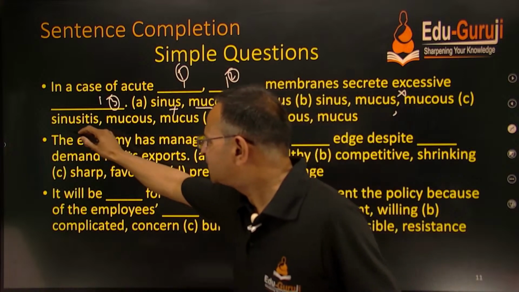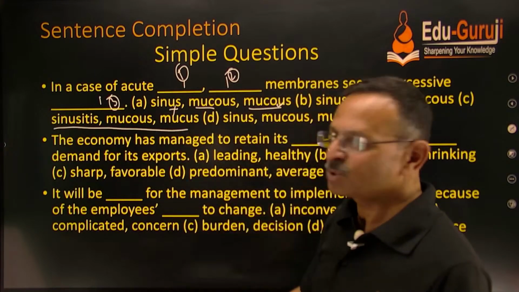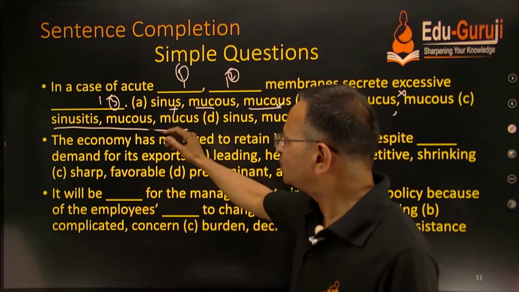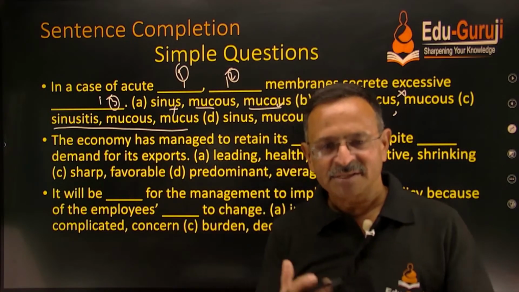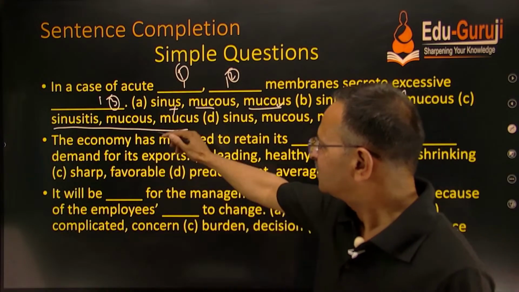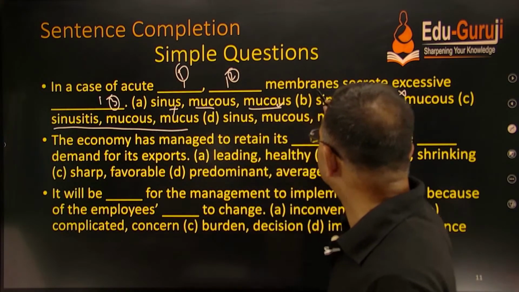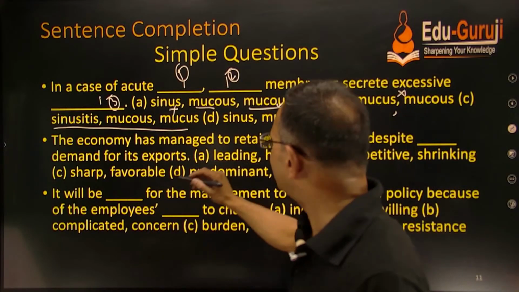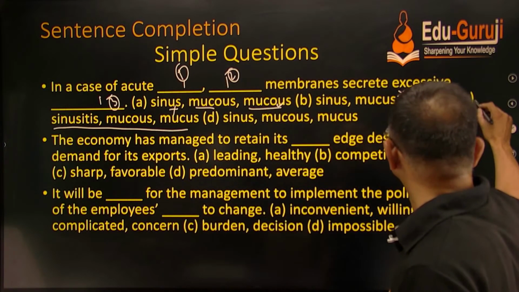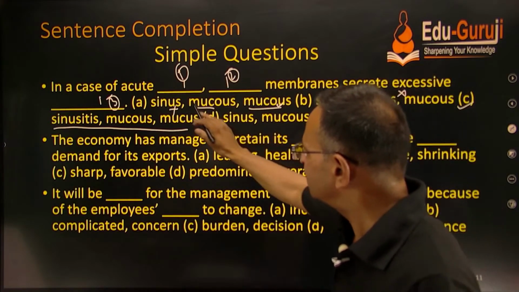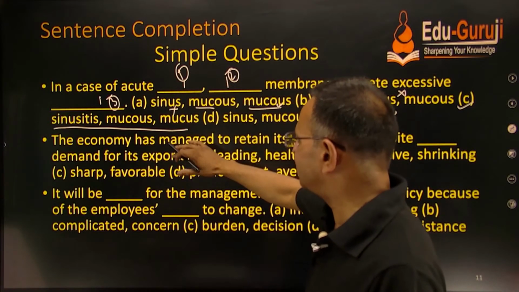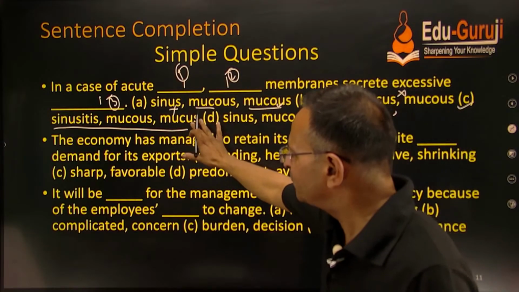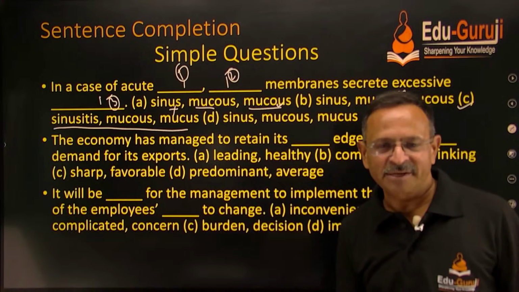And then you have this particular option which says in case of acute sinusitis, that is inflammation of the sinus, mucous membrane secretes excessive mucus. So the correct answer would be the C option, which says in case of acute sinusitis, mucous membranes secrete what? Mucus. I hope it is clear now.